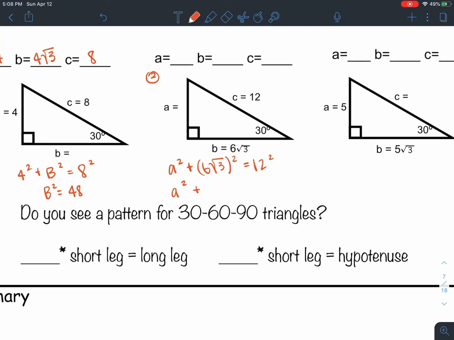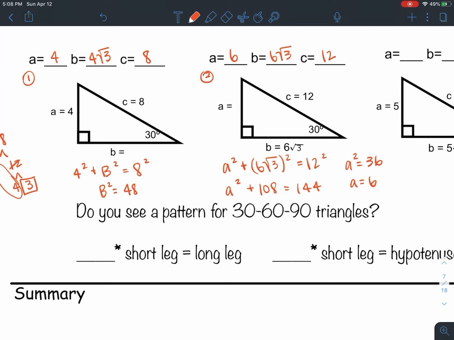So A squared plus, this will be 36 times 3, so 108 is equal to 144, and if we do 144 minus 108, we end up with A squared equal to 36, and A is equal to 6. So I have A is 6, B is 6 square root 3, and C is 12.